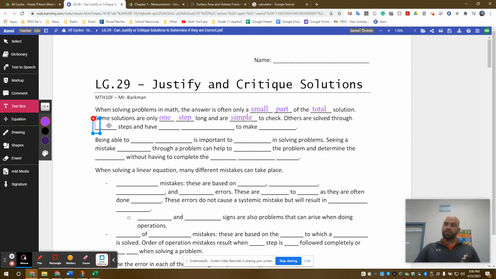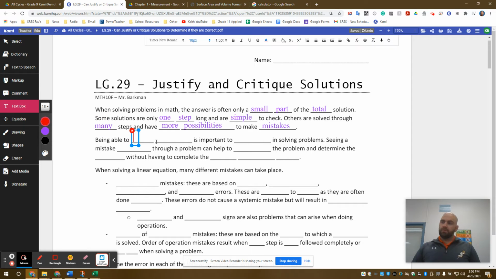Others are solved through many steps and have more possibilities to make mistakes. Again, we can see just a simple mistake if we have one-step solutions, but if there is a multi-step solution, there's a lot of things that we need to do. There are lots of places to make errors.